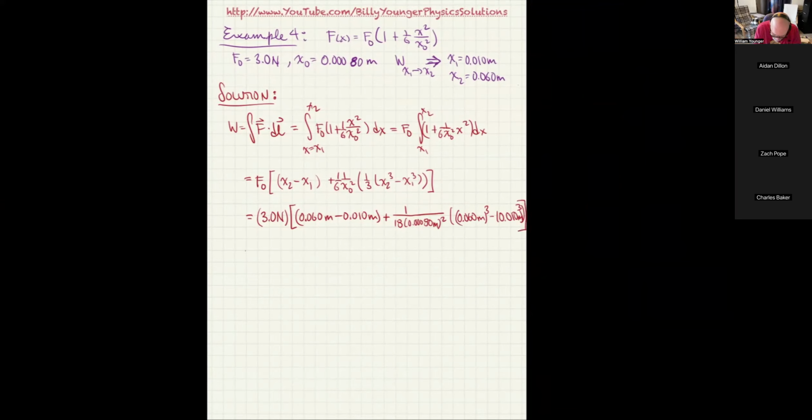So now I can calculate all this. Again, this is 3.0 newtons. This is going to be 0.050 meters. I'm going to try to compute that weird fraction out in front. So it's 1 divided by parentheses 18 times 0.0008, and now that quantity is going to be squared.